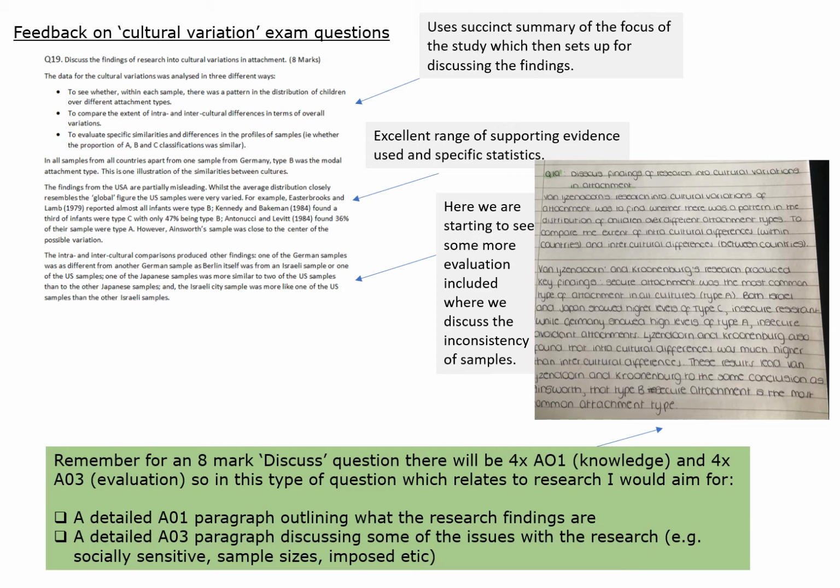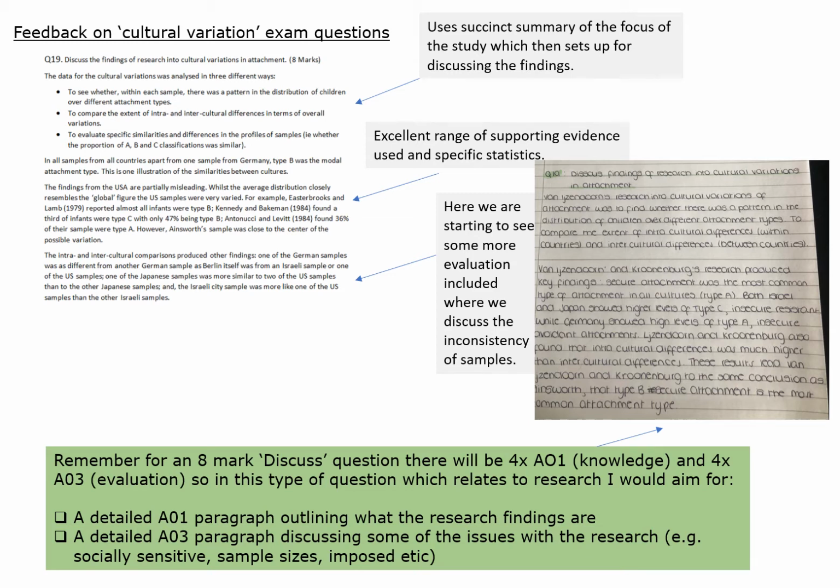So we're going to have 4 marks for our knowledge and 4 marks for our evaluation. So it's reasonable to expect that you would have 2 clear paragraphs: an AO1 paragraph which needs quite a bit of depth and detail to it, and an AO3, our evaluation paragraph, where we're using all of those issues and debates that we started to think about.